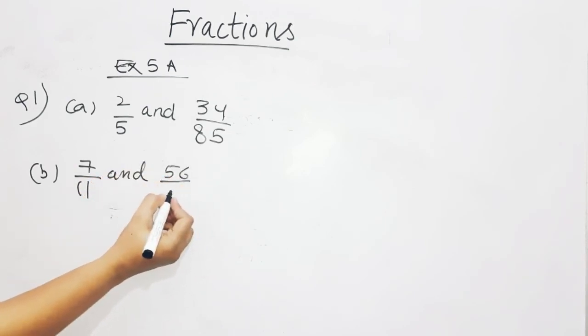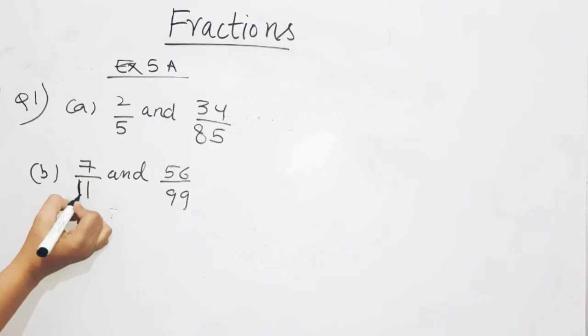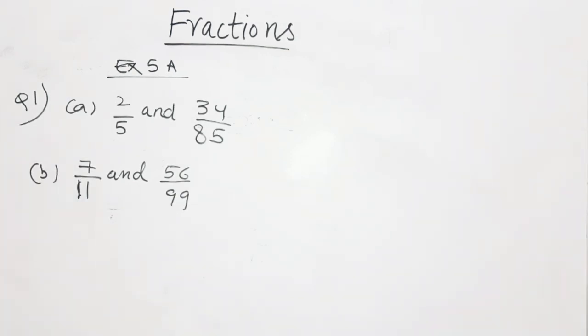How will you check? So students, for that, this one is 2 upon 5 and this is 7 upon 11. This is already in its simplest form. How can we check that a particular fraction is in its simplest form? The way to check it is that you have to check the numerator and the denominator.